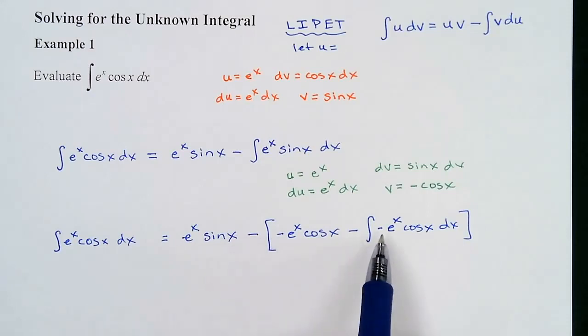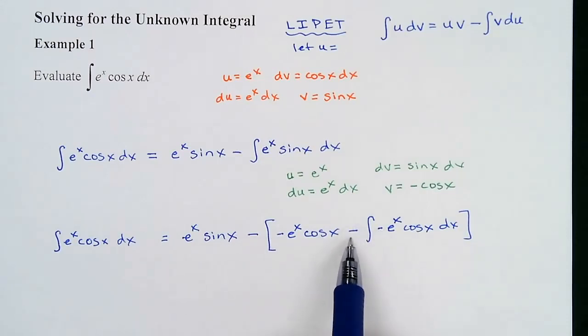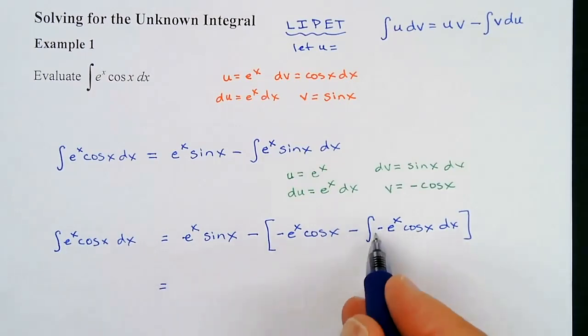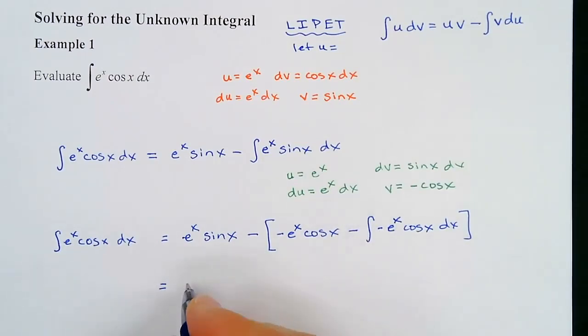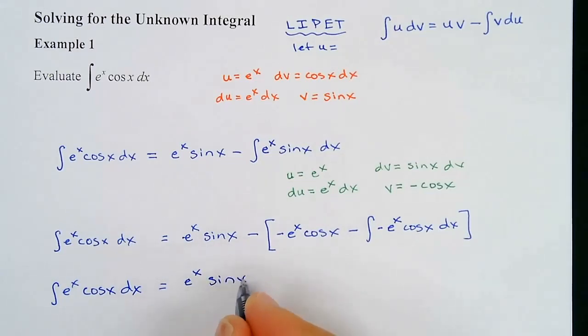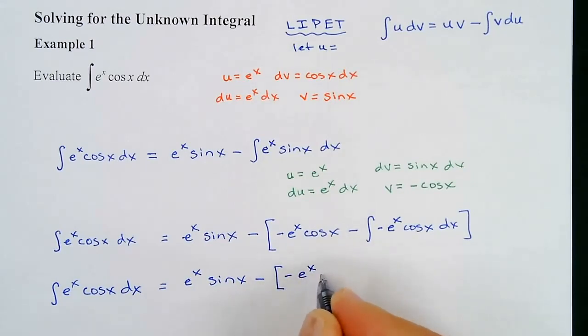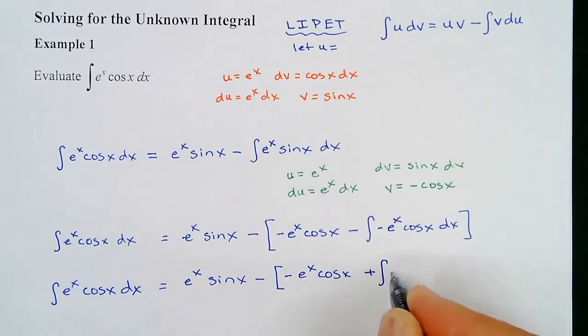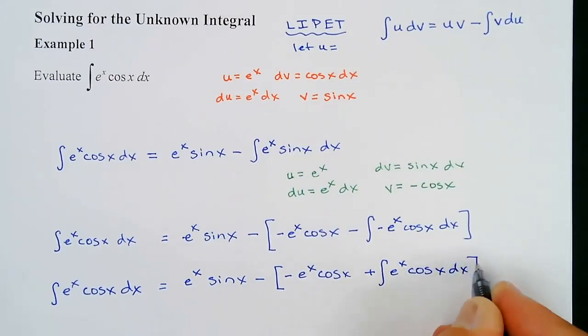Distributing this negative and also bringing this negative out, this one's going to become positive. So that's what I would do first. I would bring this out and make this one become positive. So let's write this again: the integral of e to the x cosine of x dx is equal to e to the x sine of x minus, and I'm going to clean up what's here in the bracket, negative e to the x cosine x plus the integral of e to the x cosine of x dx.